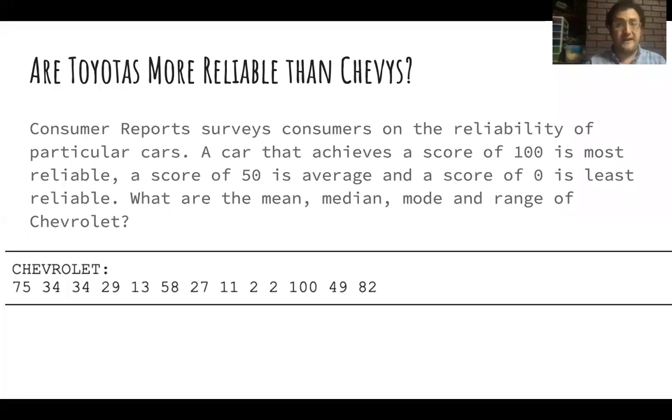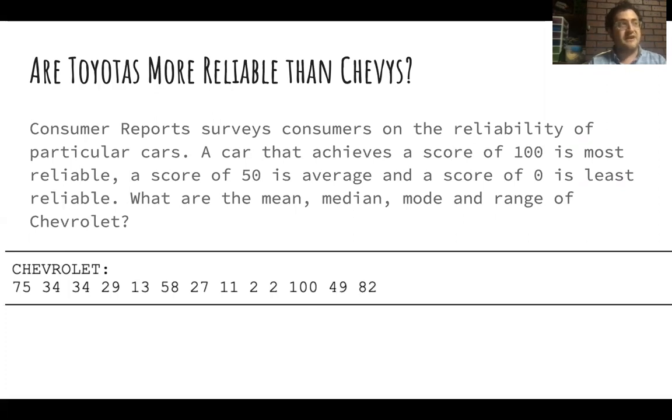So for those of you who have had me before, I do like cars and I'm interested in them. So one of my favorite magazines to read is a magazine called Consumer Reports. And Consumer Reports surveys consumers about the reliability of their particular car. And each model gets a score from 0 to 100.